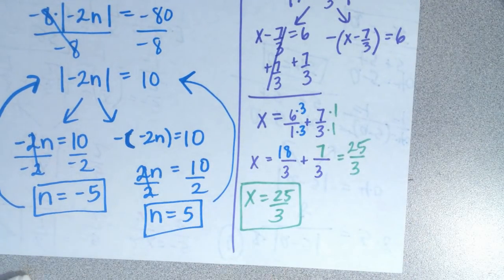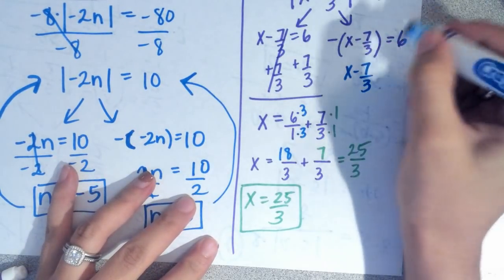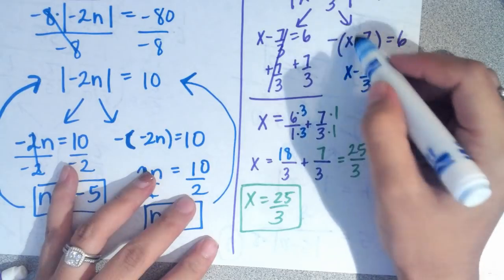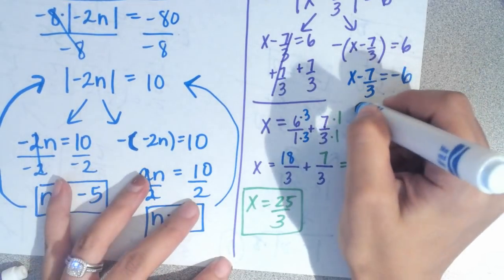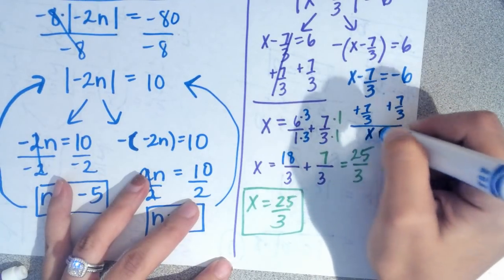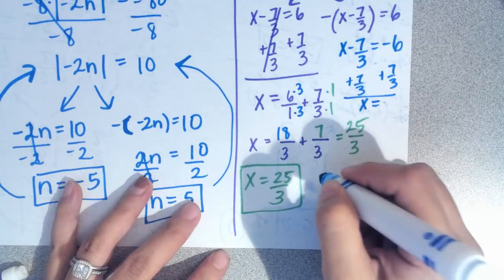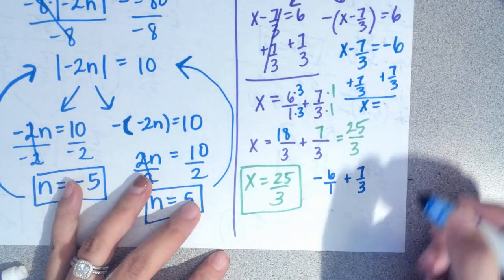All right, here I'm going to move the negative to the other side. So I get x minus 7/3 equals negative 6. If you want to distribute, you can do that as well. Then I'm going to add 7/3. I'm running out of room here, so I'm going to do it down here. So I have negative 6/1 plus 7/3.